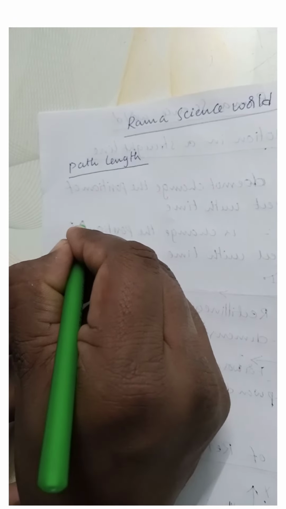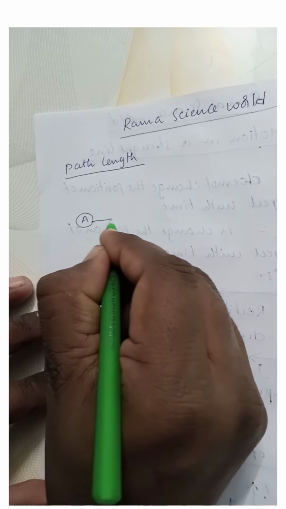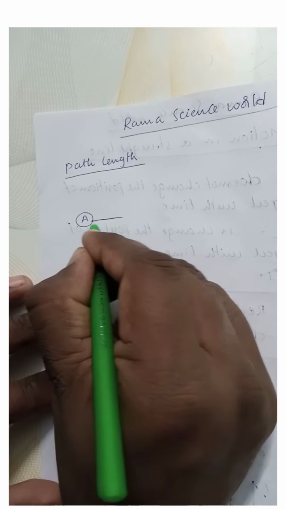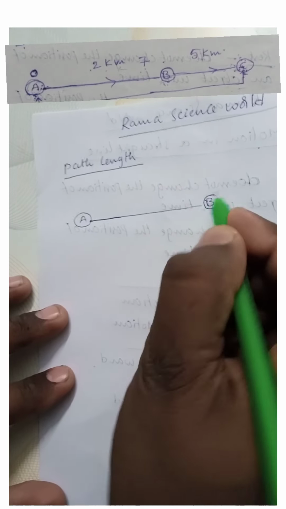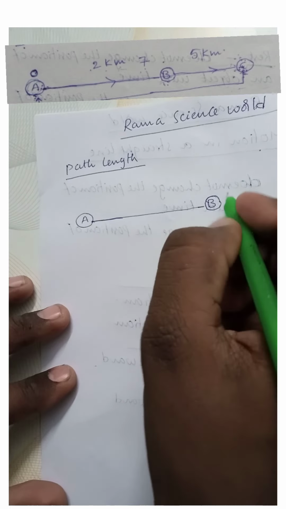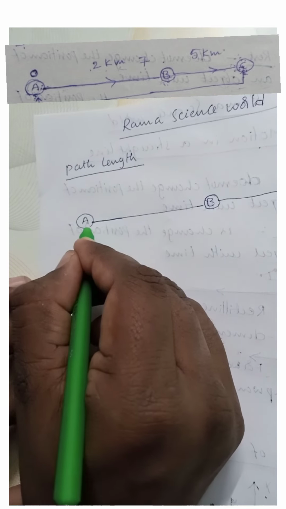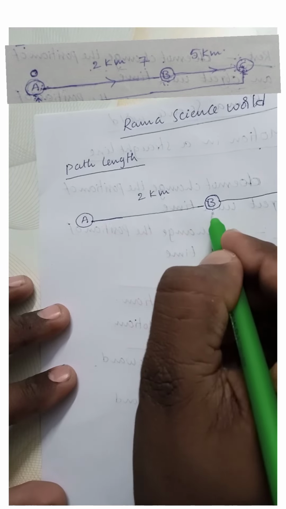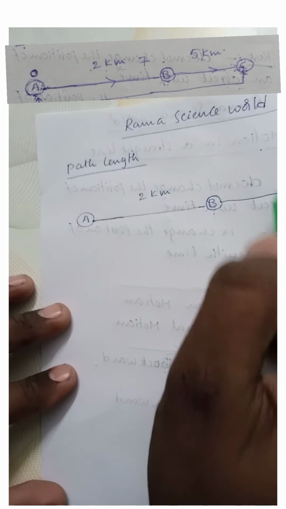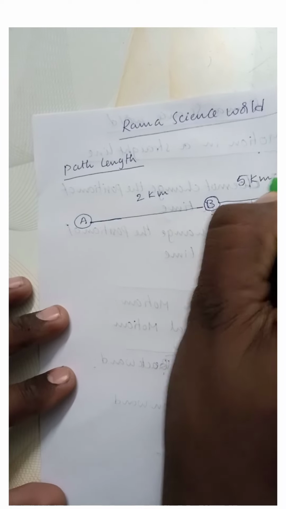Suppose this is point A, and an object moves towards B, and then towards C. The distance between A and B is 2 kilometers, and the distance between B and C is 5 kilometers.